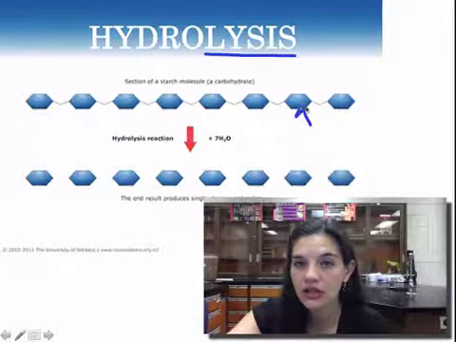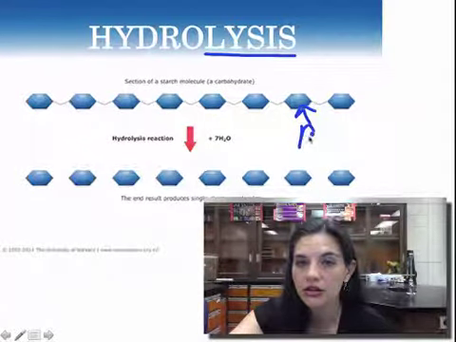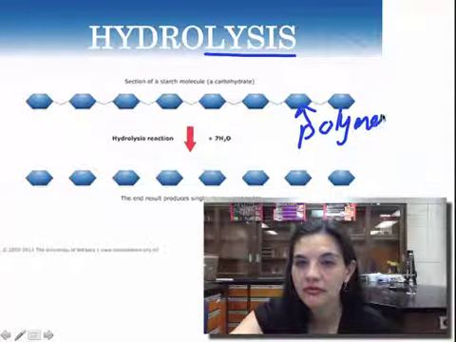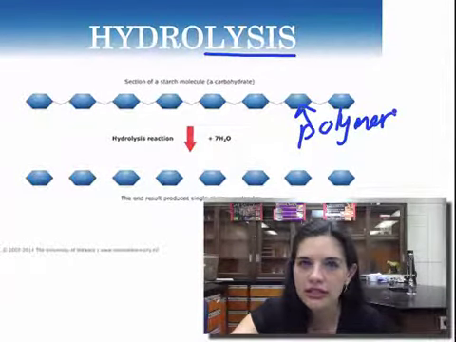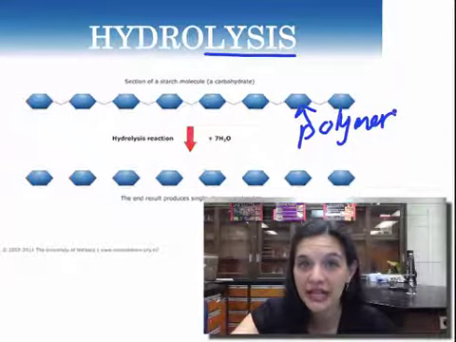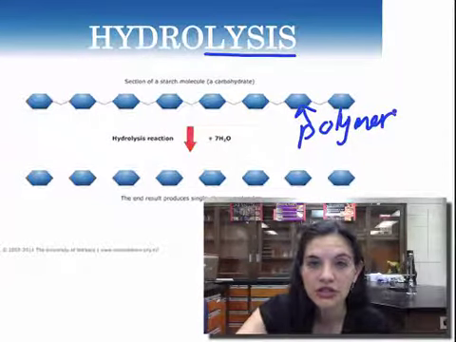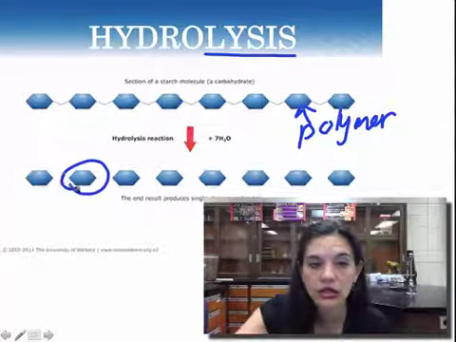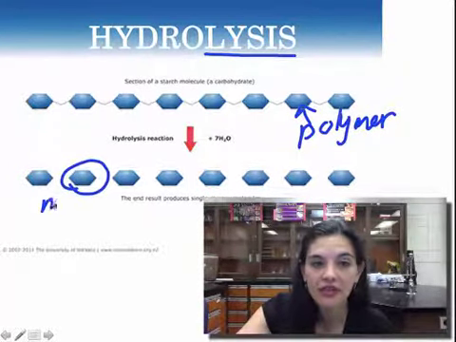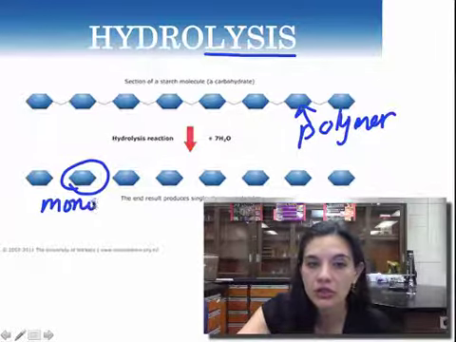So this whole thing is a polymer. When a polymer breaks apart, what are we left with? That's right, monomers. So then that means that each of these little pieces is a monomer. Be sure to label this on your student guide.